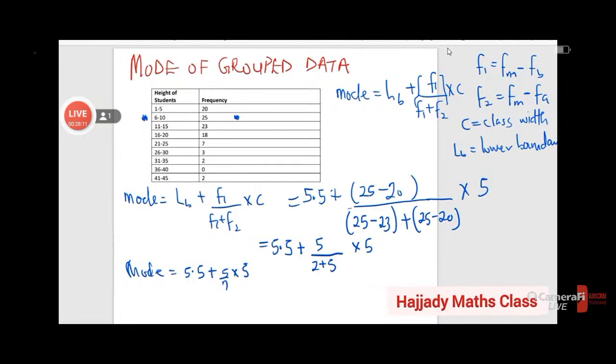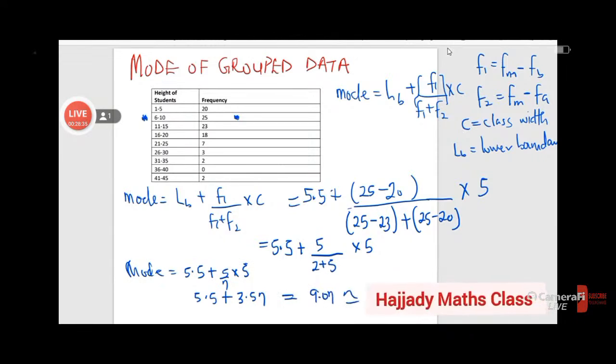That is 5.5 plus 5 times 5, which is 25, over 7, which gives 3.57. Adding that together, the mode is 9.07, and approximately my mode is 9.